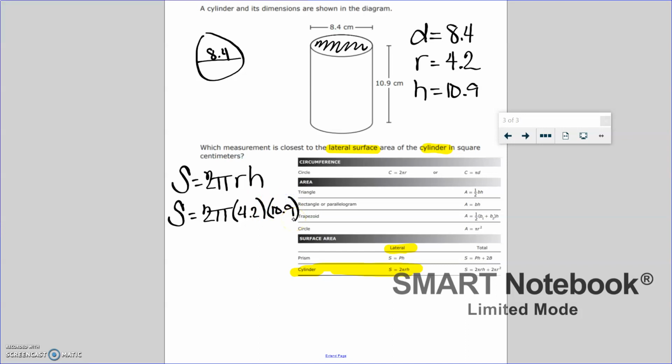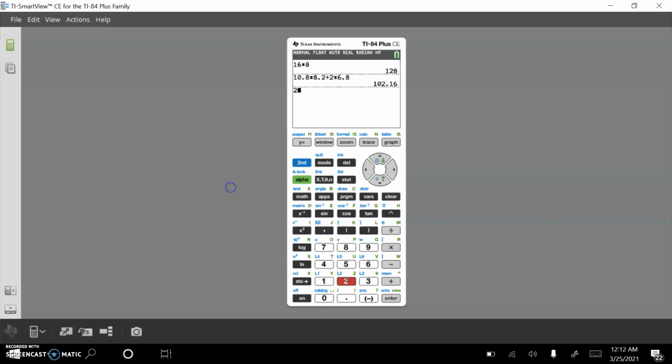We're going to put this into our calculator. So we're going to do 2 times pi. In order to get the pi symbol, you're going to use second and the caret to get the pi symbol, times 4.2 times 10.9.